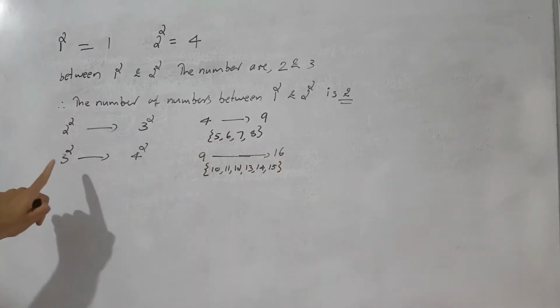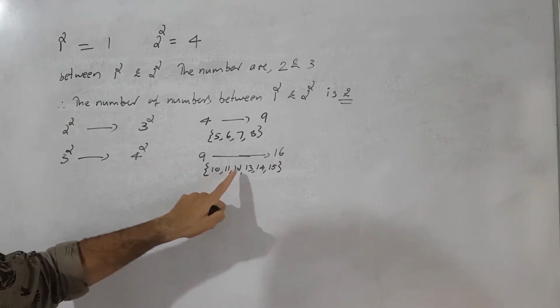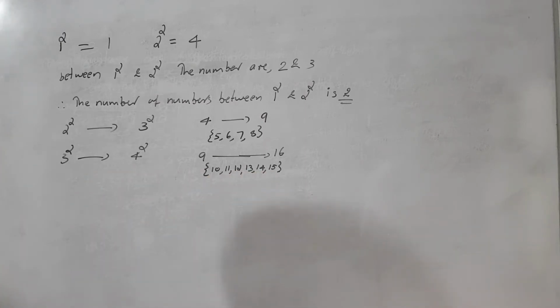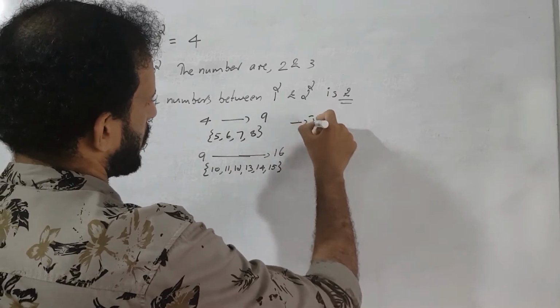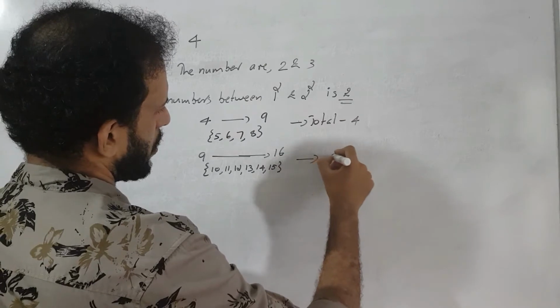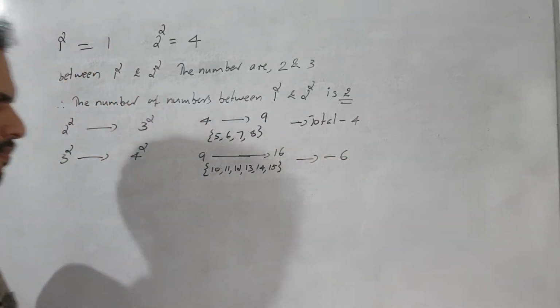How many numbers between 3 square and 4 square? 1, 2, 3, 4, 5, 6. 6 numbers. Sorry, the total is 6 numbers.